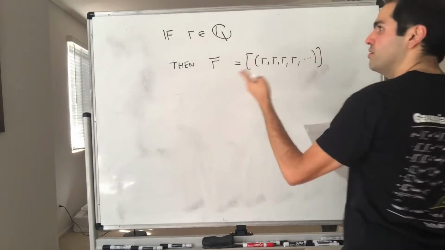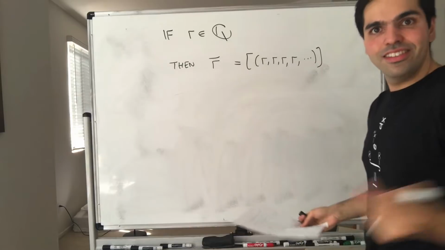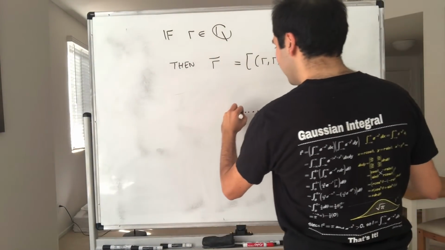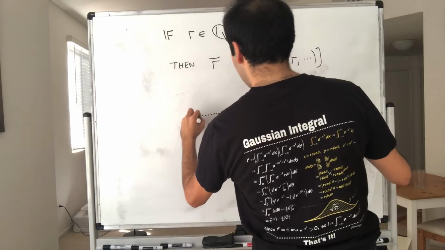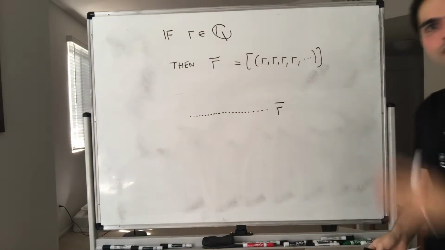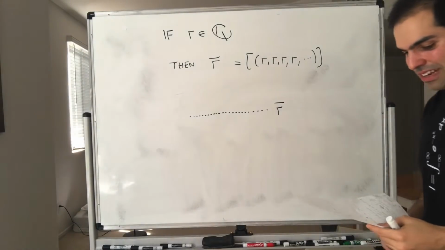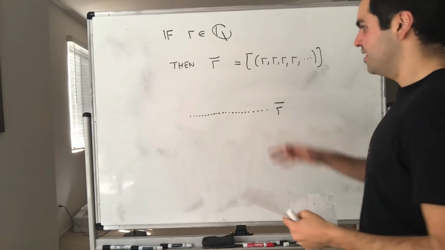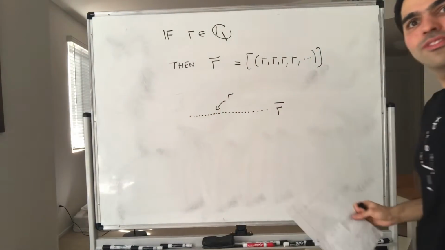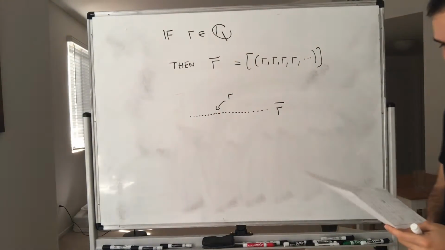In fact, that's how you can construct a sequence using just a rational number r, so really r bar is this. And of course it's a Cauchy sequence, so it's completely fine. So again, it's the sequence with constant value r. Think of it almost like a constant function in some sense.